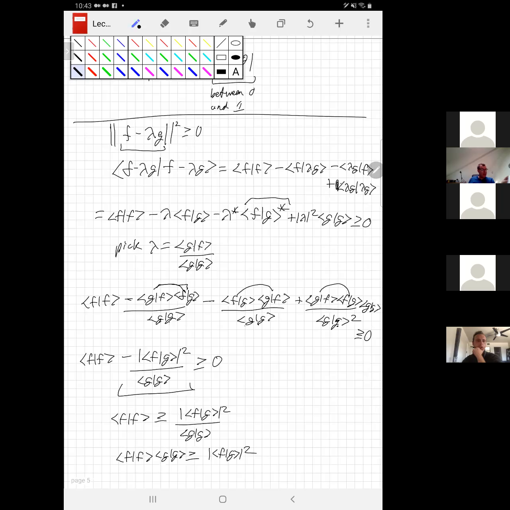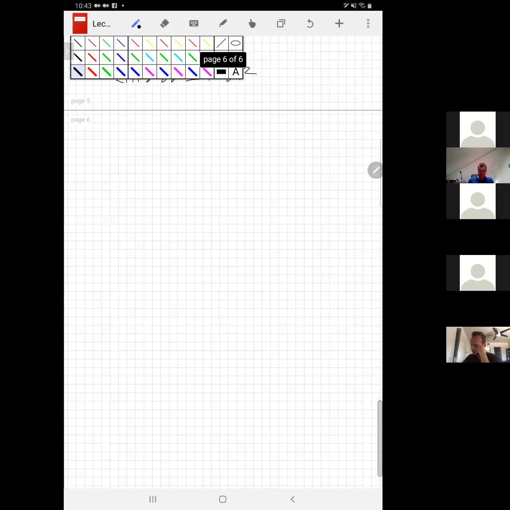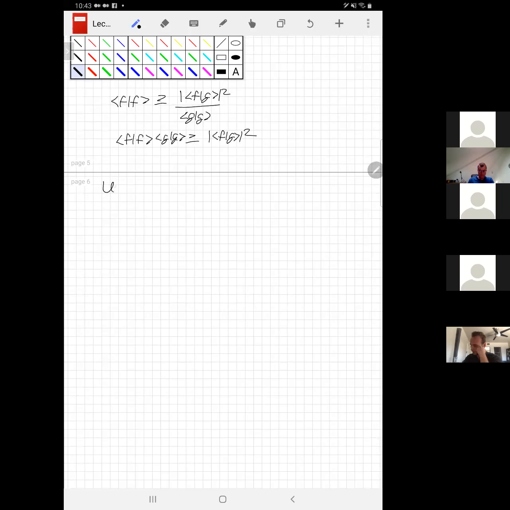Now I get to use it to prove the uncertainty principle, which is just a property of Fourier transforms. It's not quantum weirdness. There's absolutely nothing quantum mechanically weird about this.